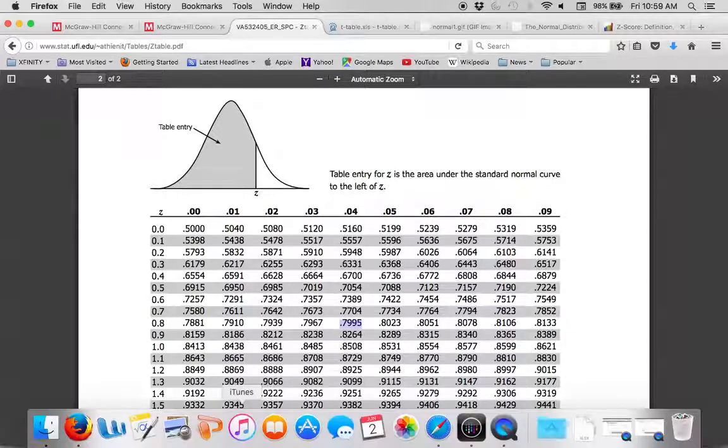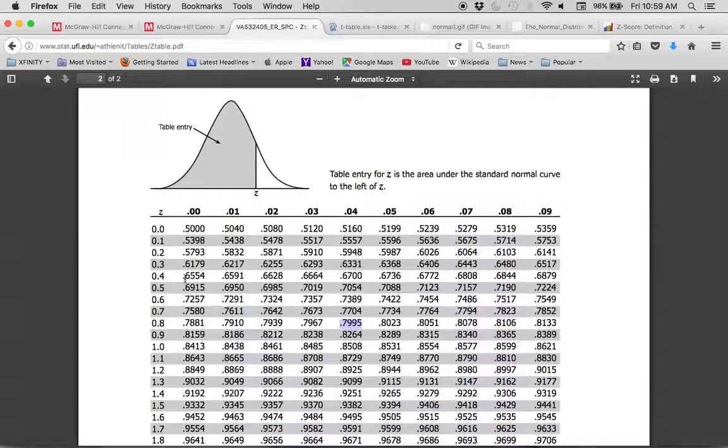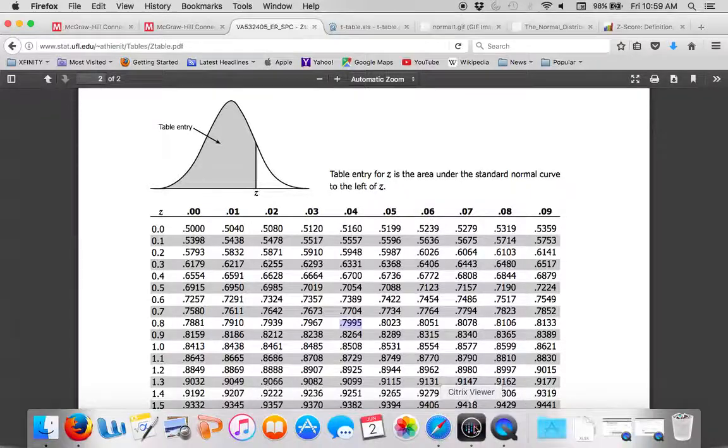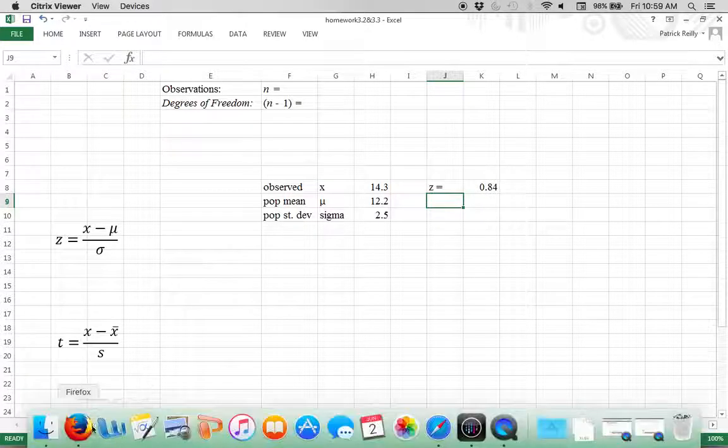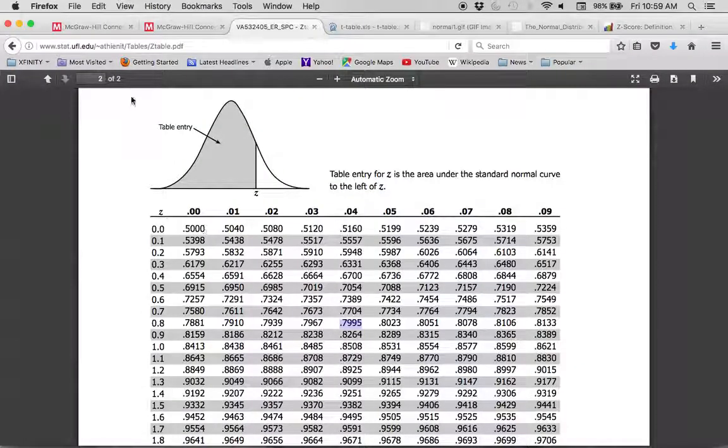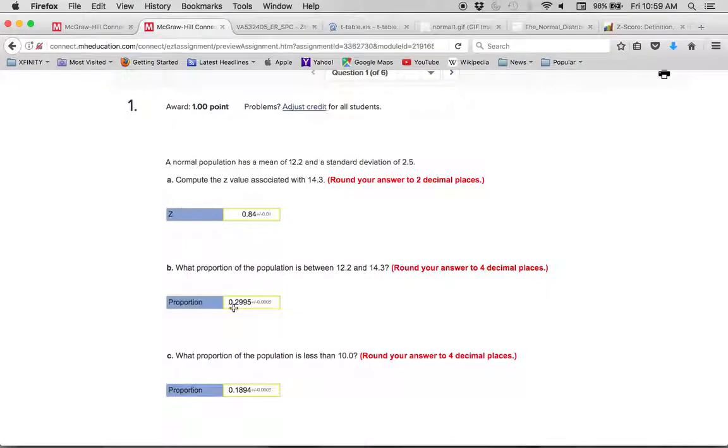Okay? Now, if you draw a picture of this, it might help. So try drawing a picture. All right, so we got about 80% minus 50% should be about 30%. And then 0.2995, right? That's that 995 we had. So 0.2995 is the proportion of the population between 12.2 and 14.3.